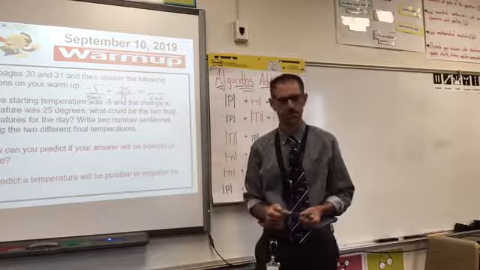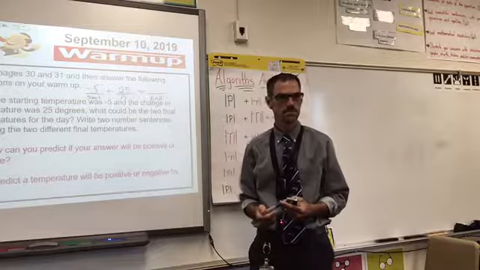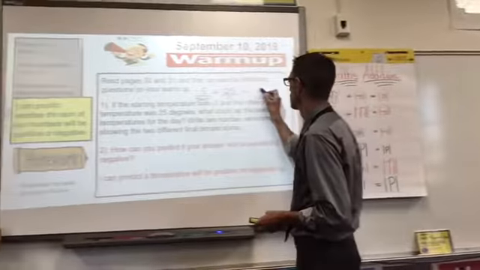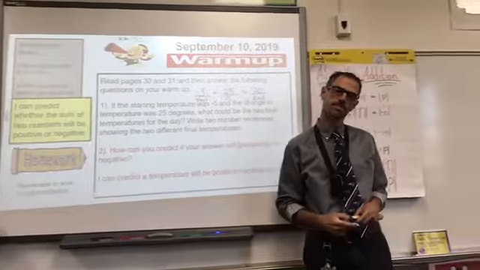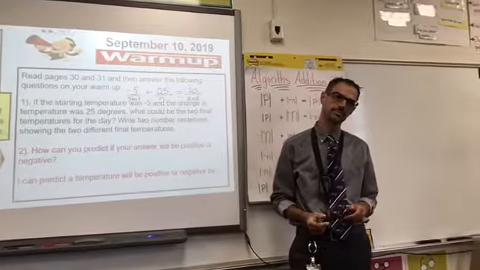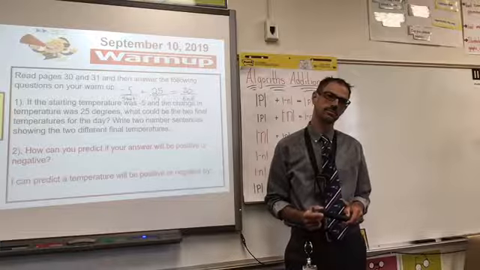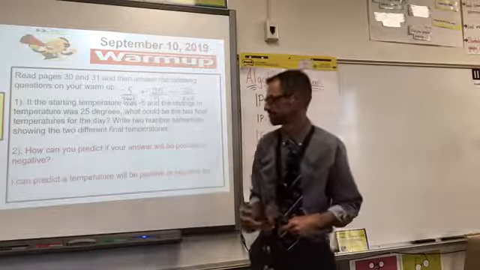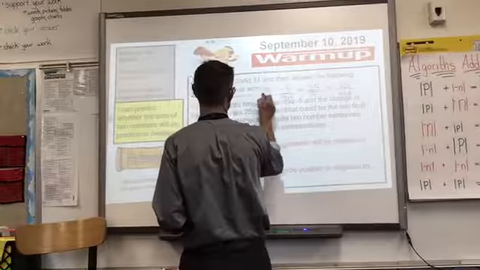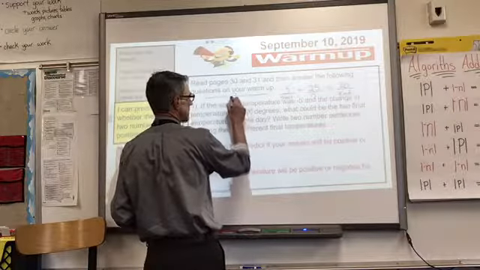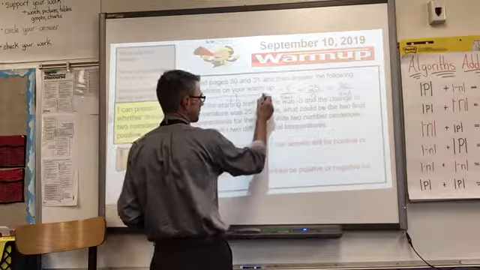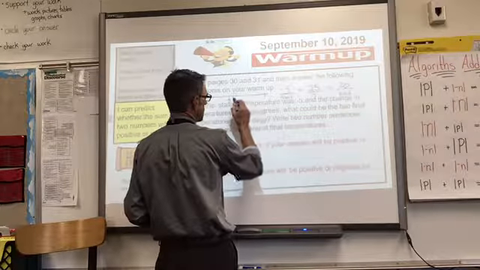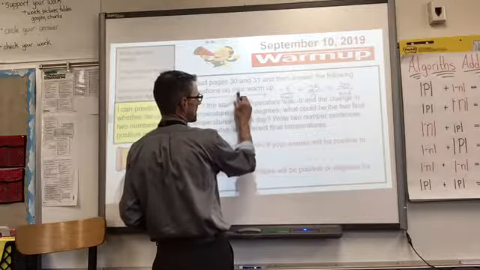What's my end temp? Keegan? 20 degrees Fahrenheit. How'd you get 20? Because I took the 25 degrees and all I had to do was subtract 5 because I knew there was a -5. So Keegan's doing this on his number line. This is 0 if -5 is here, and he knows he's going from here.